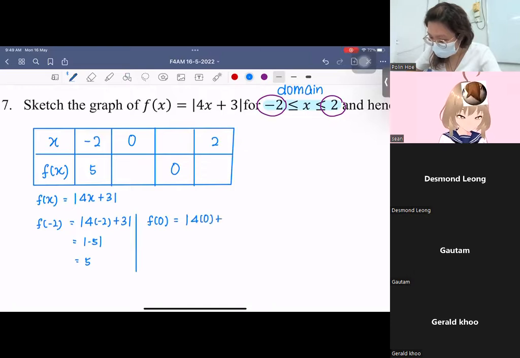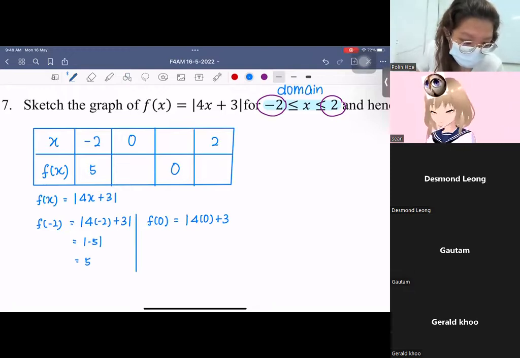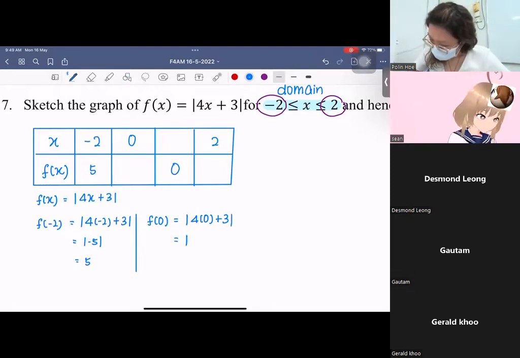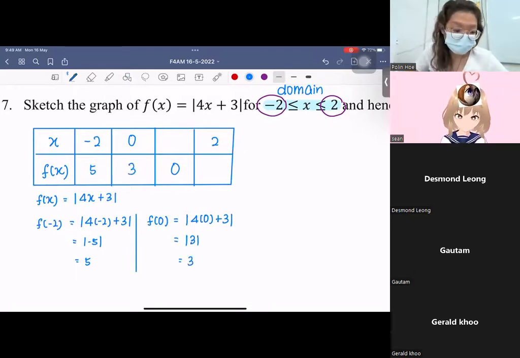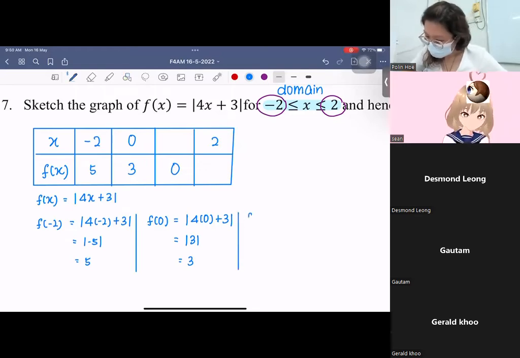f(0) is 4 times 0 plus 3, I have 3. And then f(2) first: 4 times 2 plus 3, that is 11.